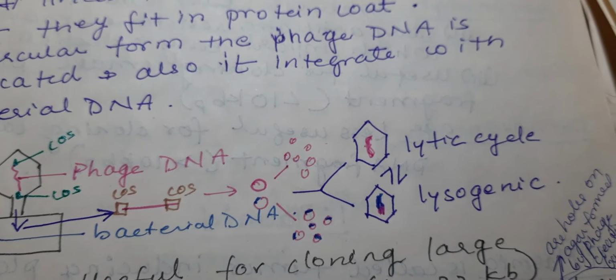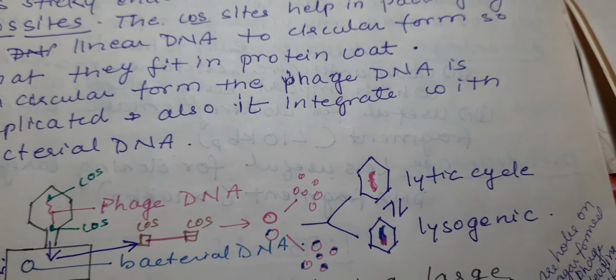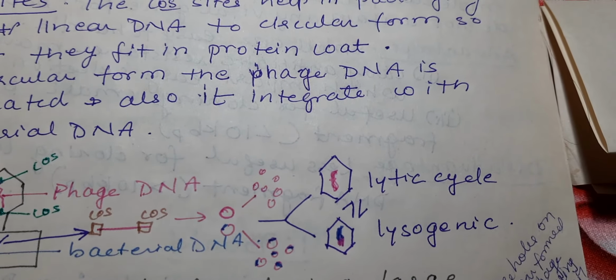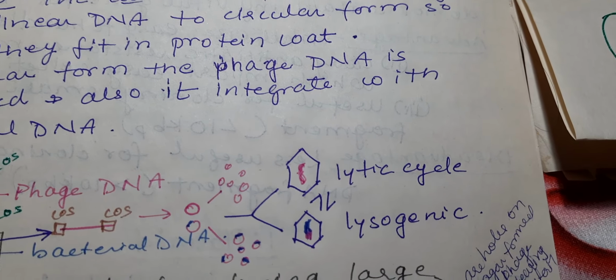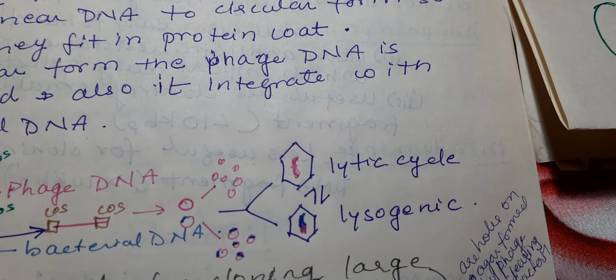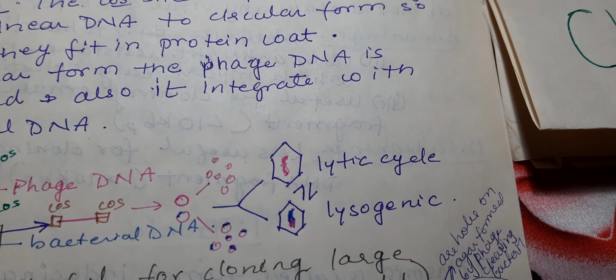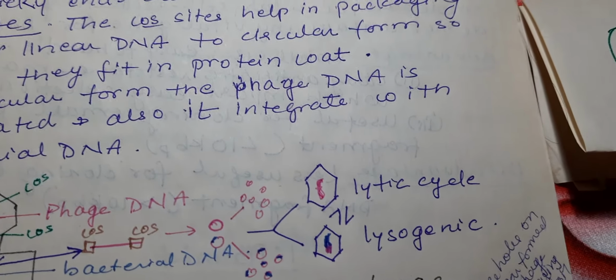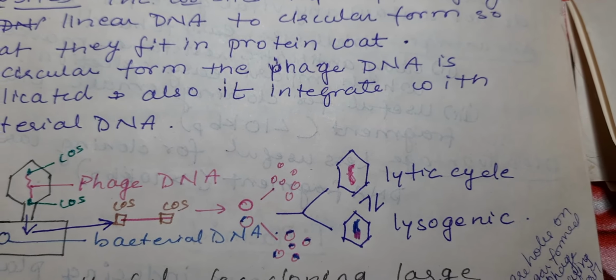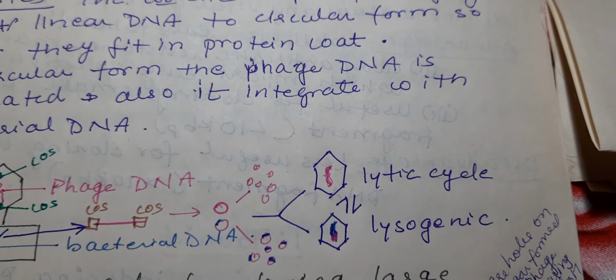It is not that the whole of E. coli is integrated with phage, but any fragment of E. coli is integrated with phage DNA. Then it enters another cycle called the lysogenic cycle. Lysogenic and lytic cycles may alternate with each other. So the phage which is present in the lysogenic cycle may enter the lytic cycle.